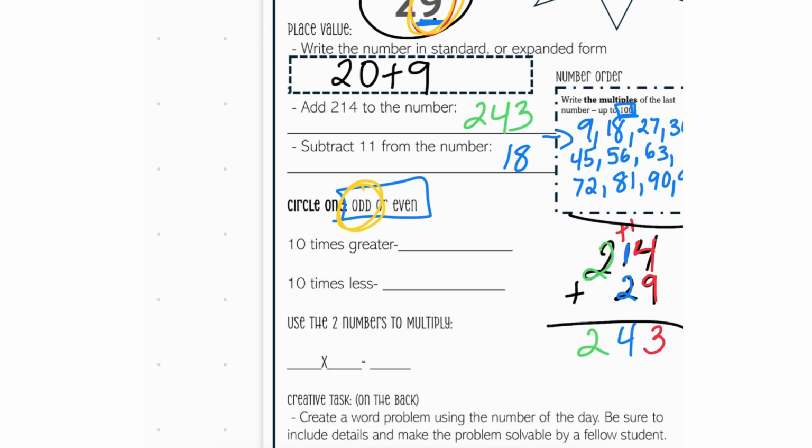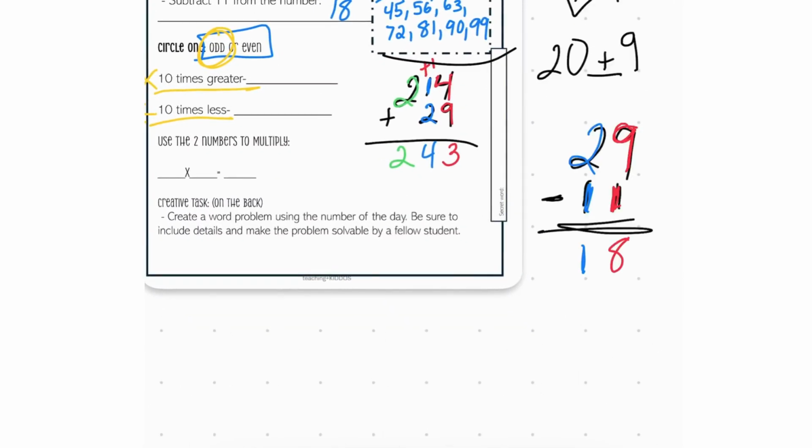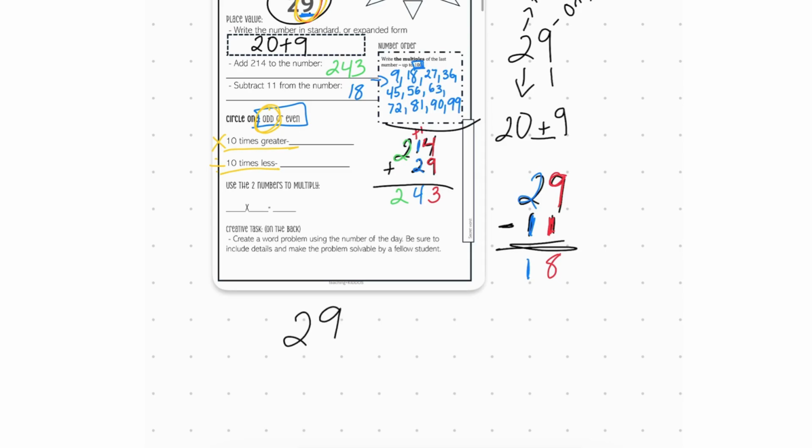All right, going to 10 times greater, 10 times less. We're going to use multiplication for this top one, and division for this one, because we're doing them in the tens place. So if we look at 29, 29 times 10 for the 10 times greater.